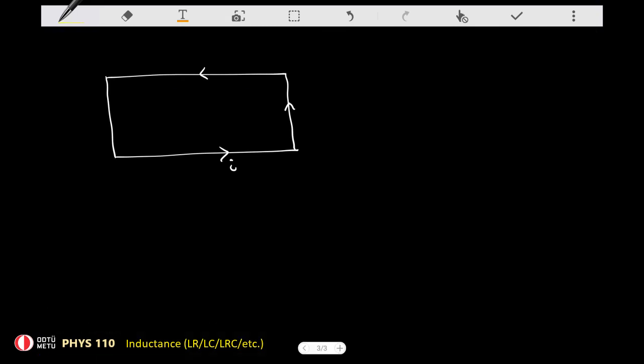So all I need to do is to compute the magnetic field inside. We know that the magnetic field inside is pointing towards us, and outside it is pointing into the screen. So you have to find the expression of the magnetic field inside, and that's going to be a variable.